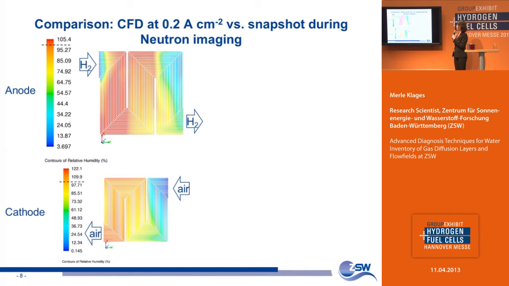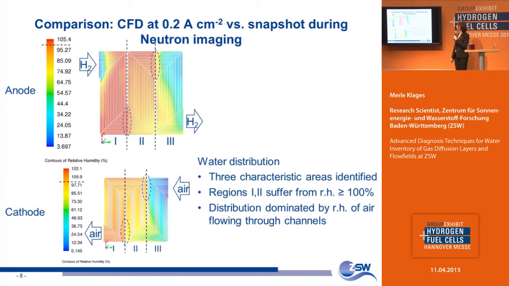The simulation was done with Ansys Fluent with a PEM module, and we saw liquid water specifically in regions 1 and 2. We did a one-phase simulation, meaning a higher percentage of 100 is liquid water. We simulated only one phase because the more complex the simulation gets, the bigger the computer needed and the longer it takes.